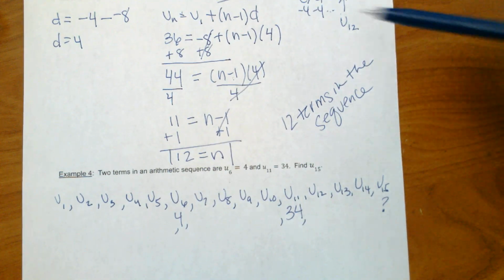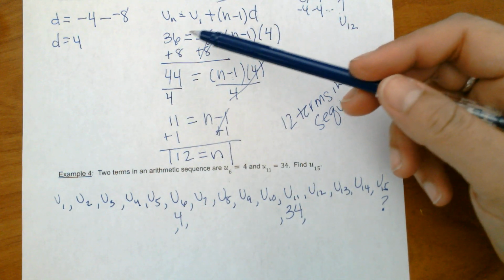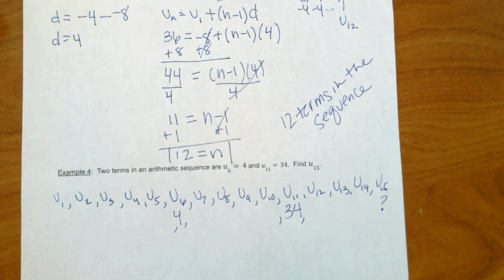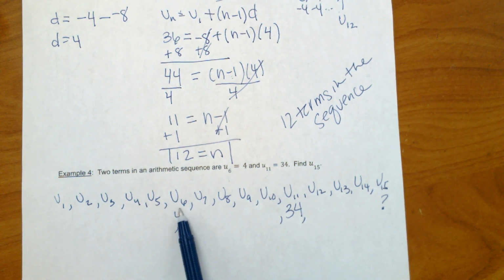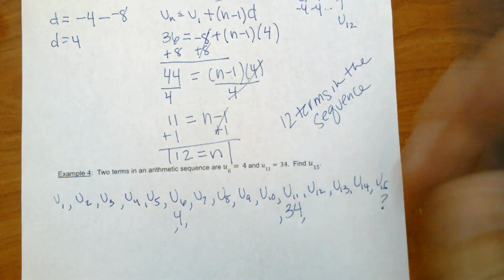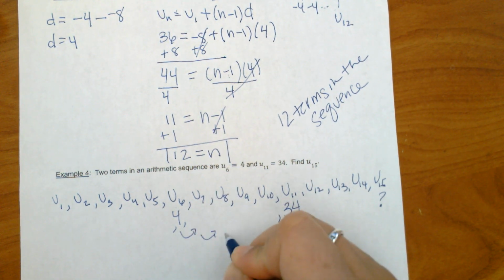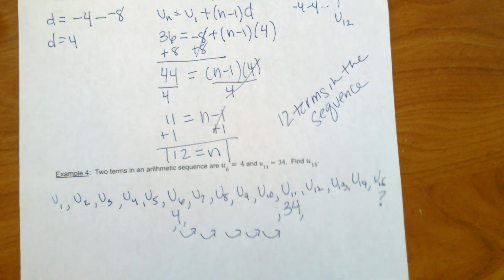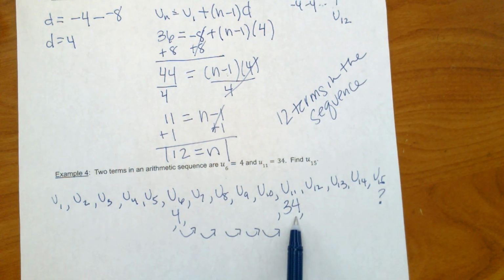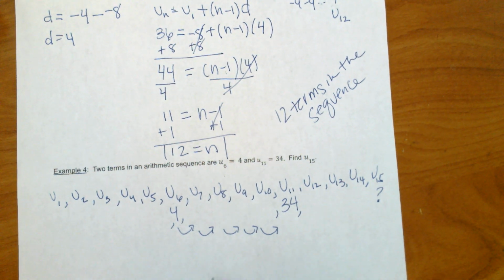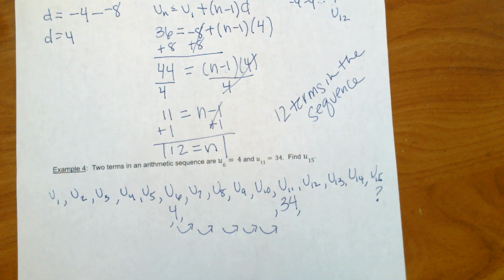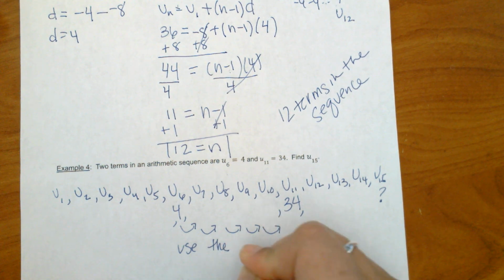So we can't rely on our process here because we don't have the next term and we don't have a common difference. So what we have to do is understand how far u sub 6 is from u sub 11. How many times would we have to add the common difference to get from 4 to 34? We would have to do it 1, 2, 3, 4, 5. We would have to use the common difference 5 times to get from 4 to 34.